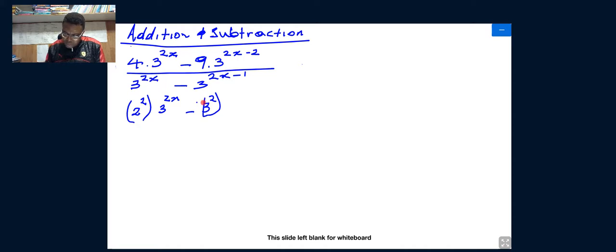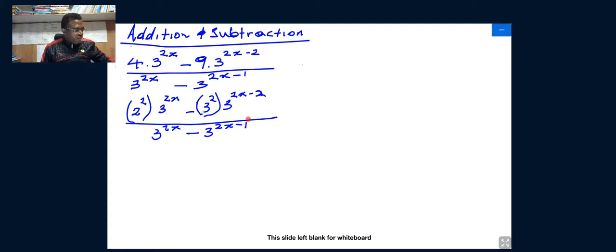What's this now? And we have 3 to the power 2x minus 2, all over 3 to the power 2x minus 3 to the power 2x, subtract 1.